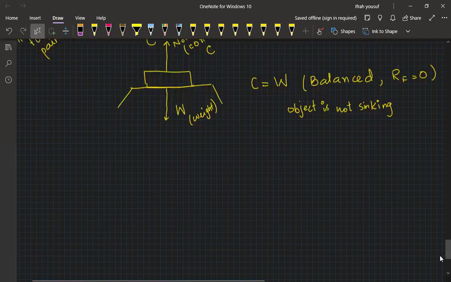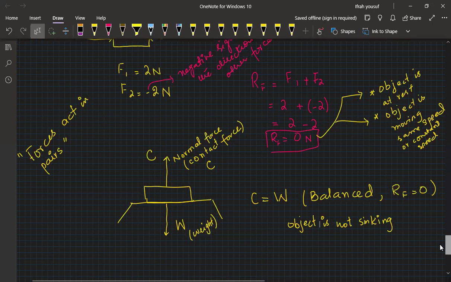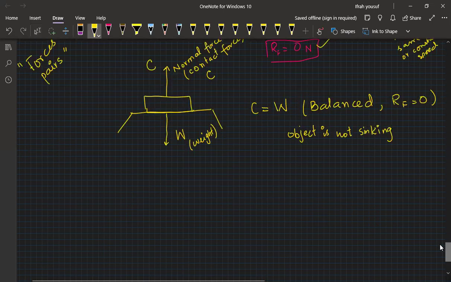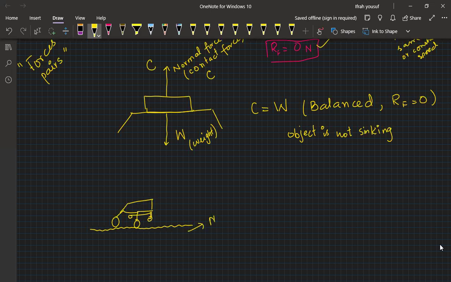For example, if there's a car, let me draw that car so that you can easily understand. I don't know how I have made it, but you just need to understand. You can imagine: the weight of the car, and it is on a muddy surface, right?